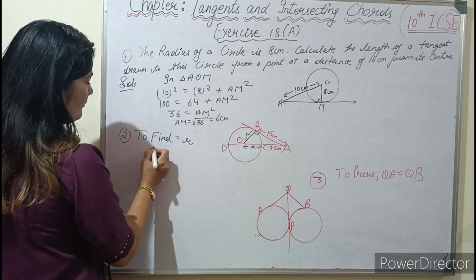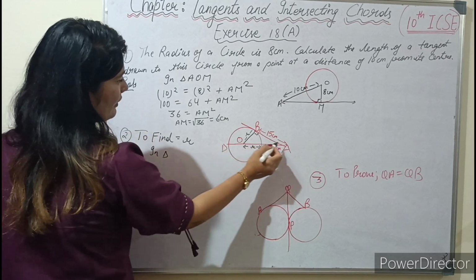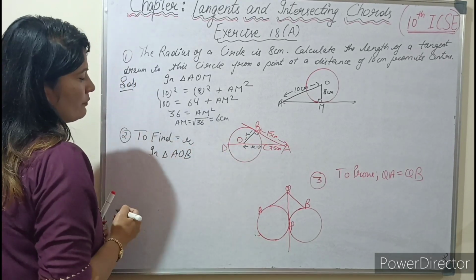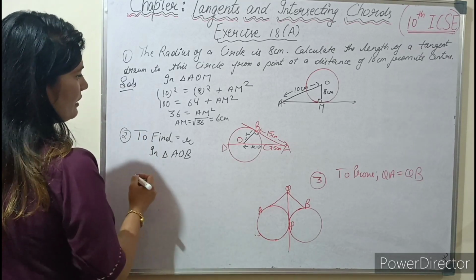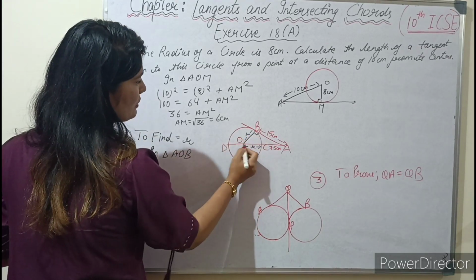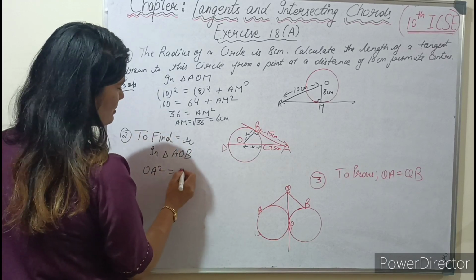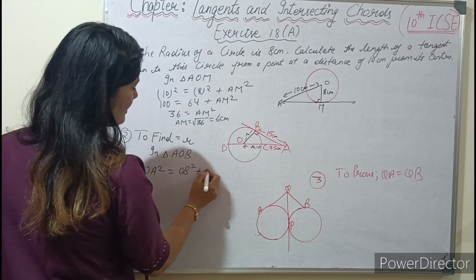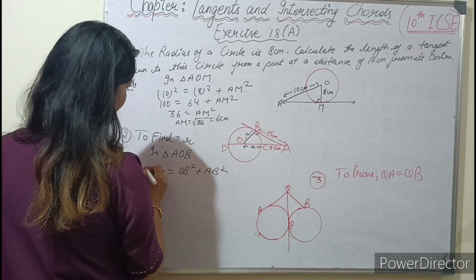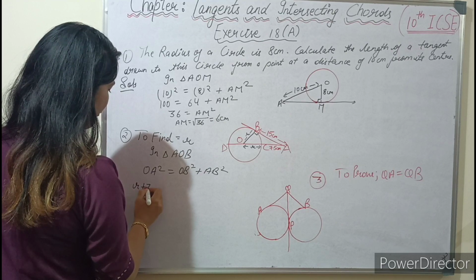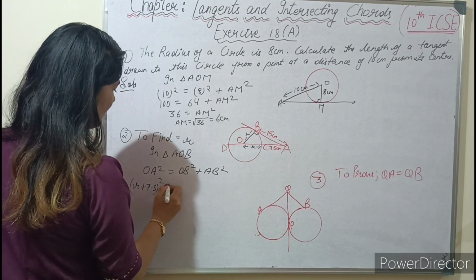So in triangle AOB, by the Pythagoras property we can write for this right angle, this OA is the hypotenuse. So OA square is equal to OB square plus AB square. The value of OA is (r plus 7.5) whole square.